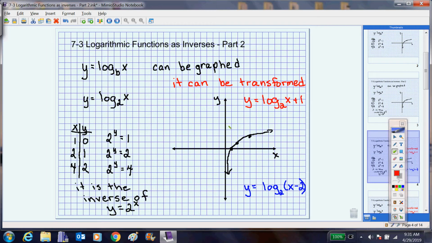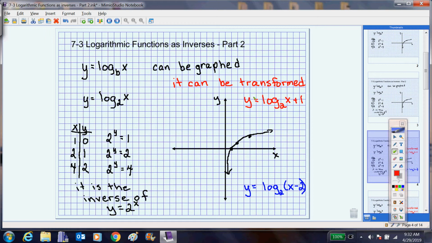So we had the exponential graph that was like this, and then you flip it across the line, and you get the inverse, and the inverse is the logarithmic graph. Y equals log base 2 of x. 2 to the y equals x. 2 to the y equals 2. 2 to the y equals 4. So this goes right around with our definition of logarithms.